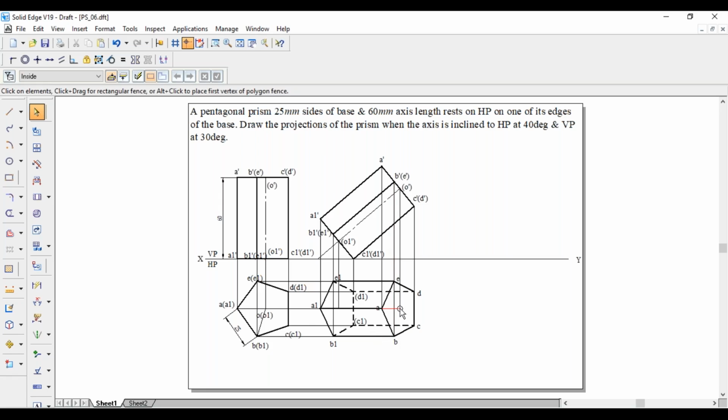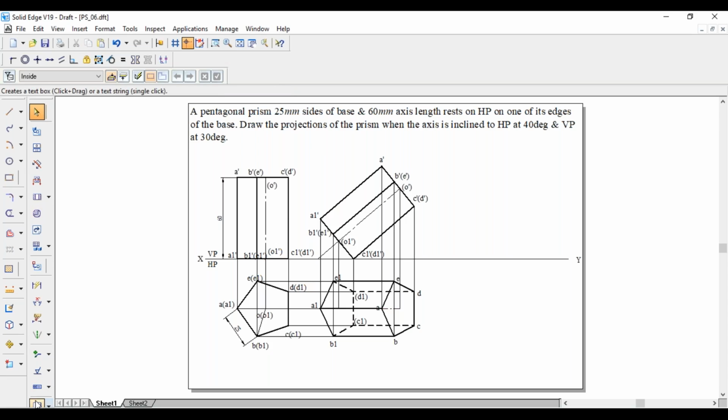But out of that, between O to A, it is not coinciding or merging with any other edges, whereas from A to O1, it is coinciding with the other, visible edge, so we can't show between A to O1. Only between O to A we can show as a chain line, that is the axis line.